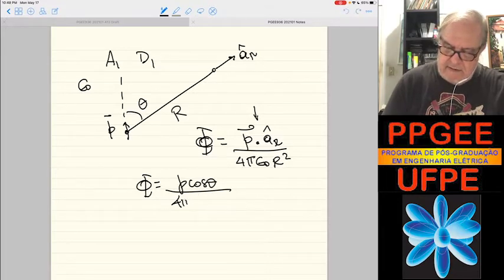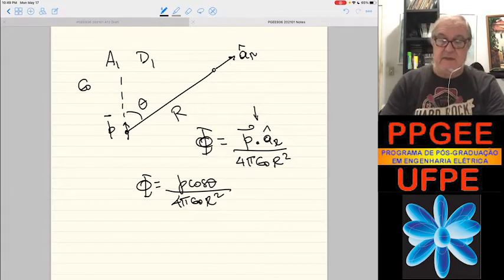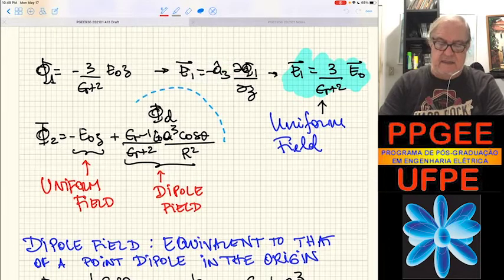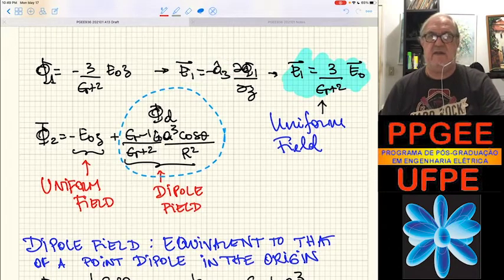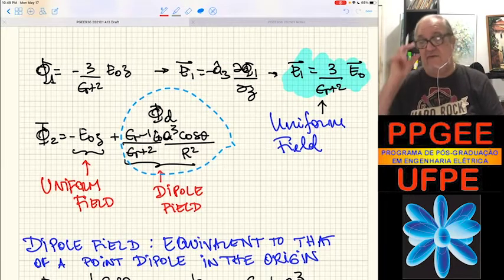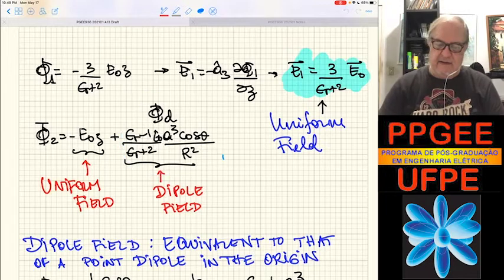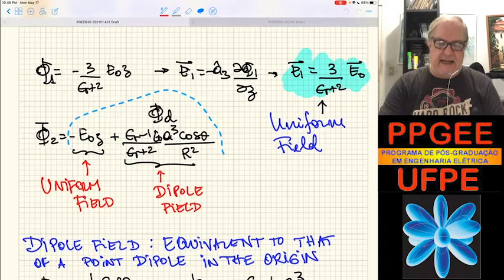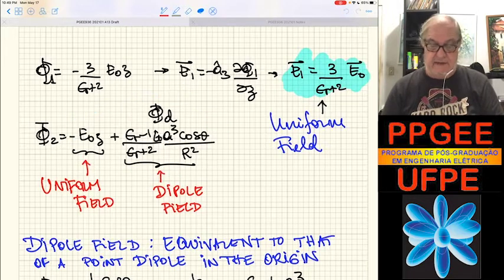So that's the potential. This is the term that gives the distortion in the field, that curves the field. This term is negligible very far away from the sphere, but has an important effect close to the sphere. And that's what makes the field lines curve, right?